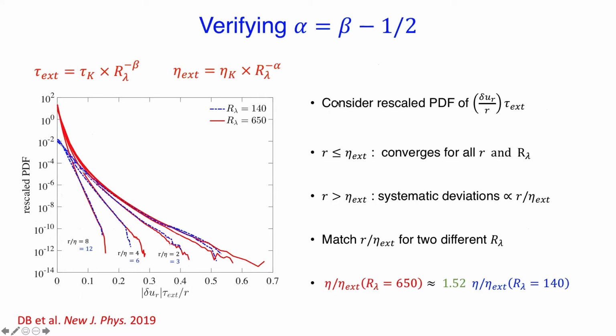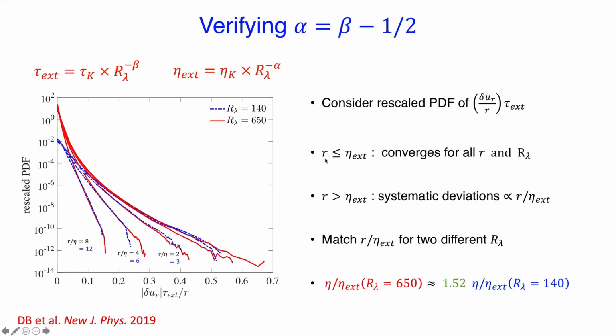So if we consider the PDF of this quantity, velocity increment divided by r, multiplied by tau x. The delta u by r represents a kind of gradient, and tau x is of course the time scale for the strongest gradients.